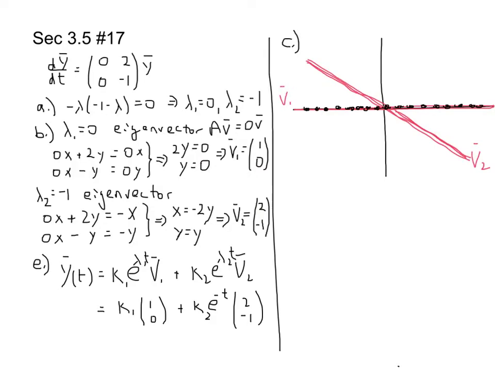But if you start with an initial condition somewhere off, suppose you start up here, that's your initial condition. What is your fate? Well, I also forgot to include that since lambda 2 is negative, that means that anywhere on this v2 direction, we are moving towards the origin. So a solution that were to start anywhere on this line will move towards the origin, and you can see that that's true.